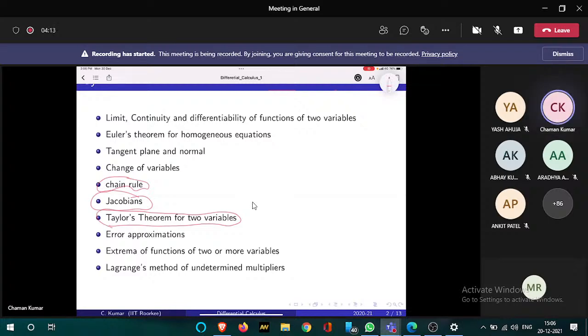Using the Taylor series expansion, we will see how to find the approximate value of the function, and when the function is approximated using the Taylor series expansion, how much error we are going to commit in this type of approximation. Then extrema of the function, that means maxima and minima. And then Lagrange method of multipliers.